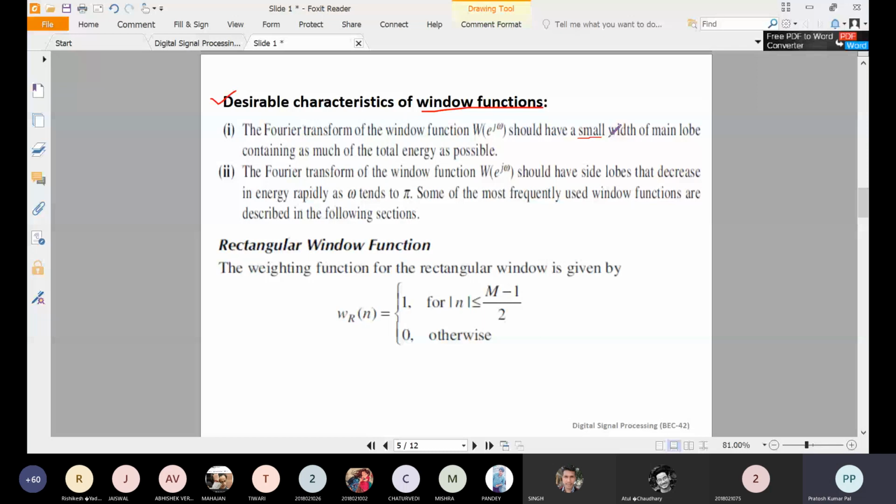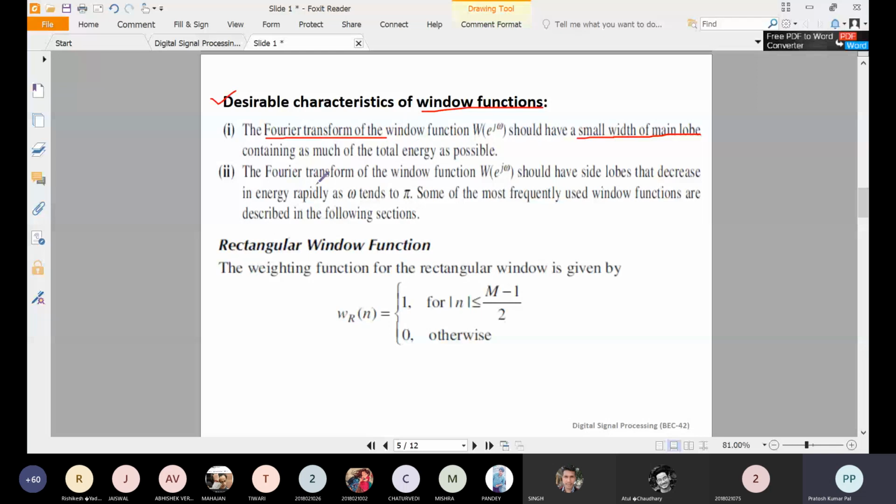So these are the different characteristics, or we can say advantages, that we search for in the window function. The small width of main lobe will be perfectly transforming a desired frequency response to the FIR filter design. Once we are having a small main lobe width, it will be giving you a better replication of the desired filter.